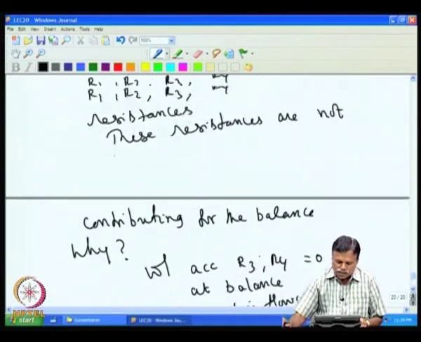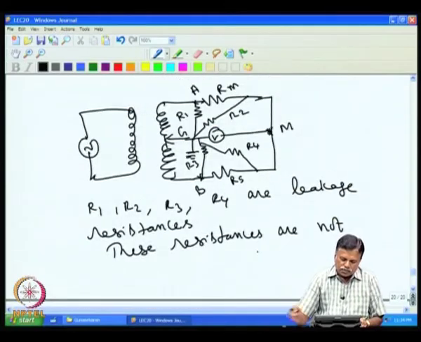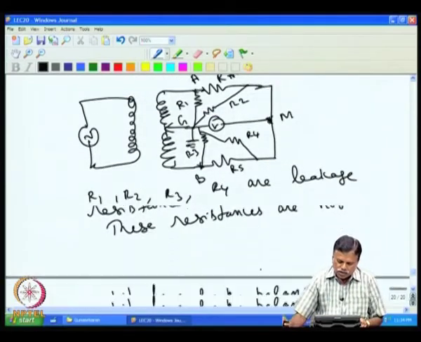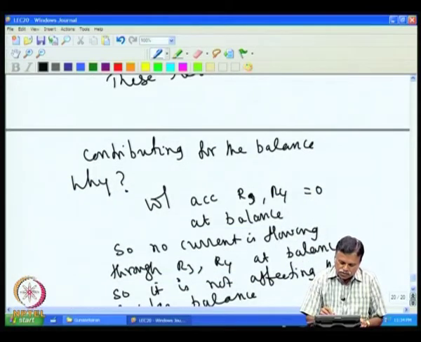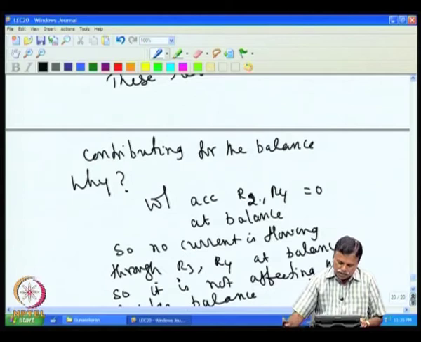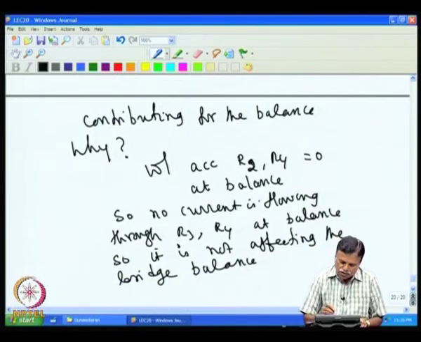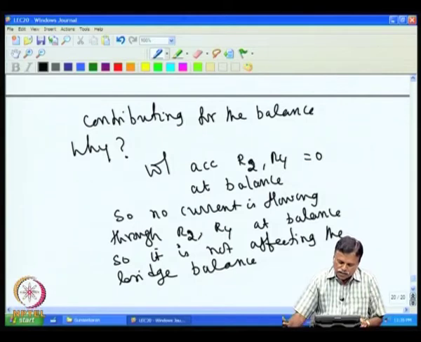Similarly, the voltage across R2 and R4 equals 0 at balance, so no current is flowing through R2 and R4.